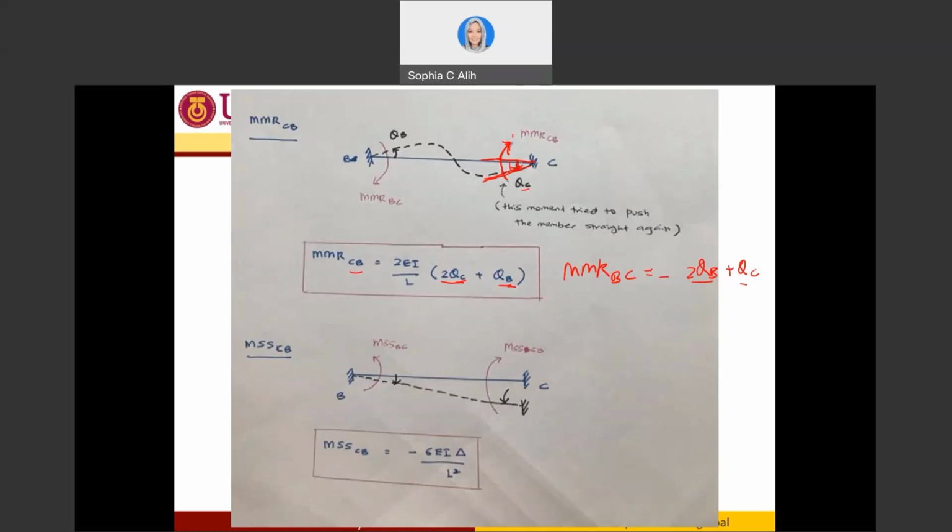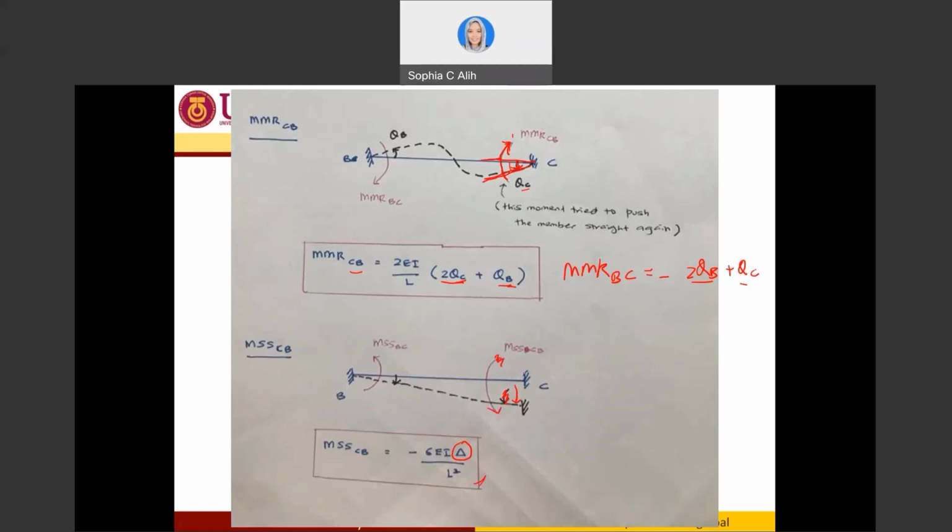Now, the moment due to support settlement of CB is similar to the previous one. You have this equation, and the only difference is that you need to be very careful with the delta. I think this one has a mistake, because if this is clockwise, this is also the clockwise direction, and this one should be counterclockwise.